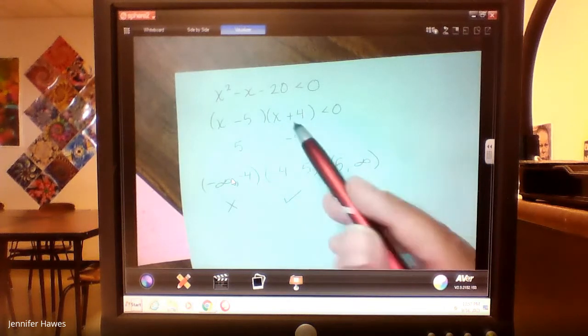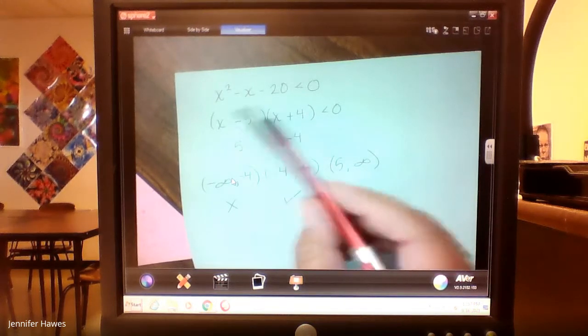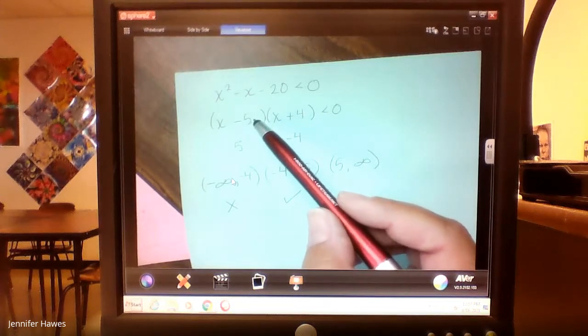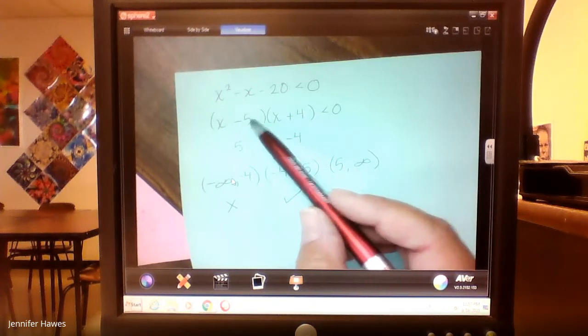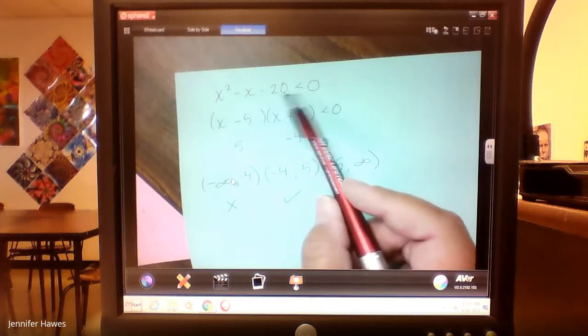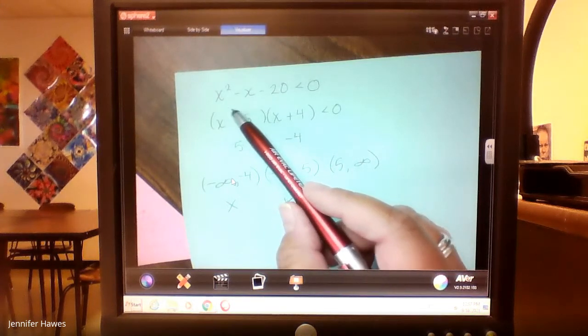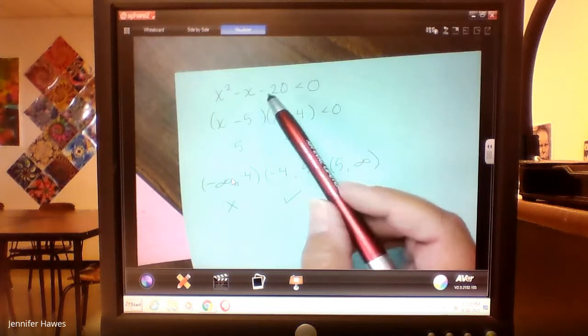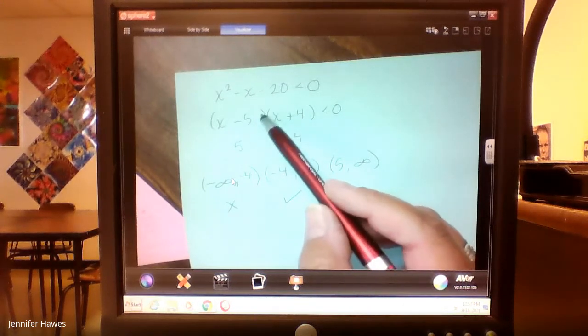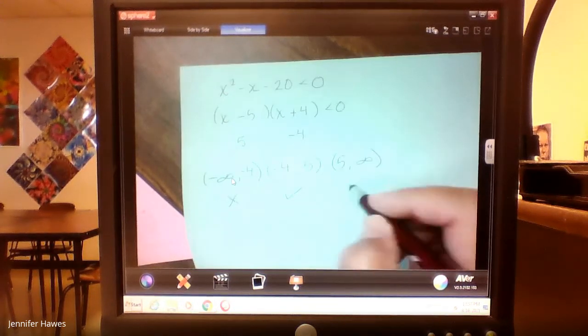That's why I had the calculators, but you don't really need one. Negative numbers are less than 0, so that works. Positive numbers are not, so this one doesn't work.